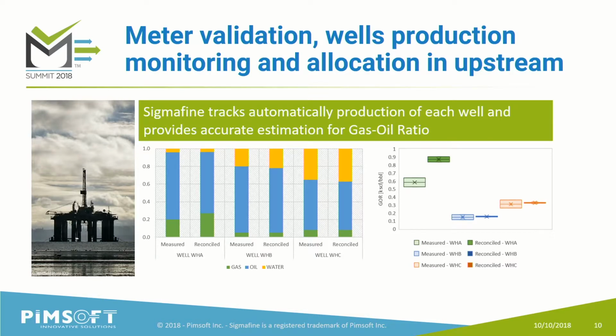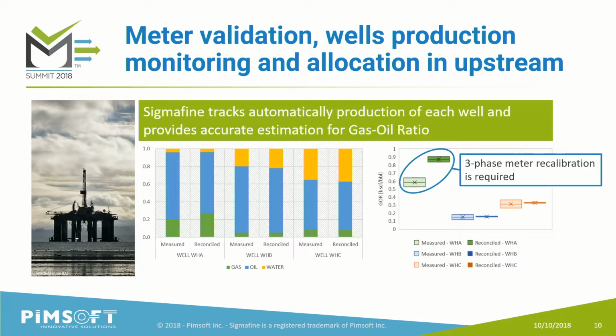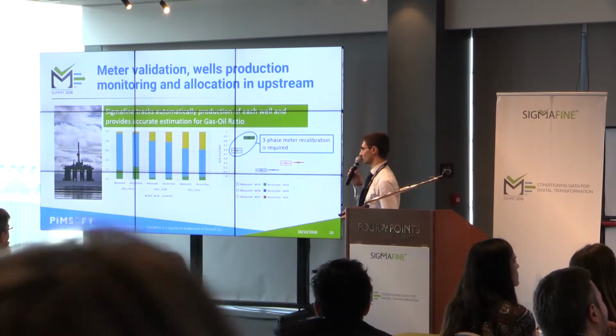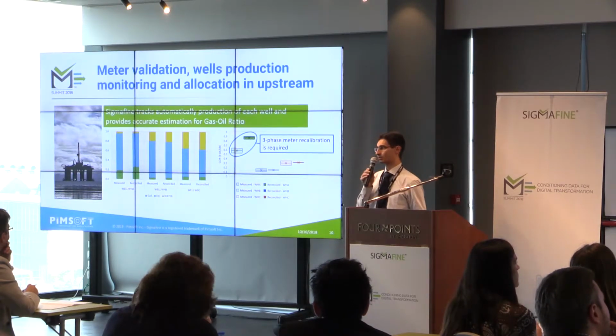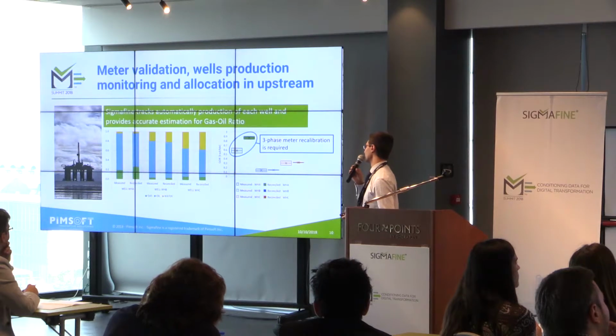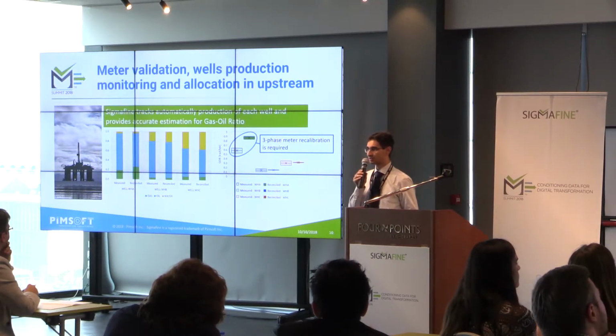The result for 3 different wells is shown in the picture on the right. So for wells A, B, C, the first box plot is the measured data. It's the measured gas to oil ratio together with its accuracy. And the second one is the reconciled.